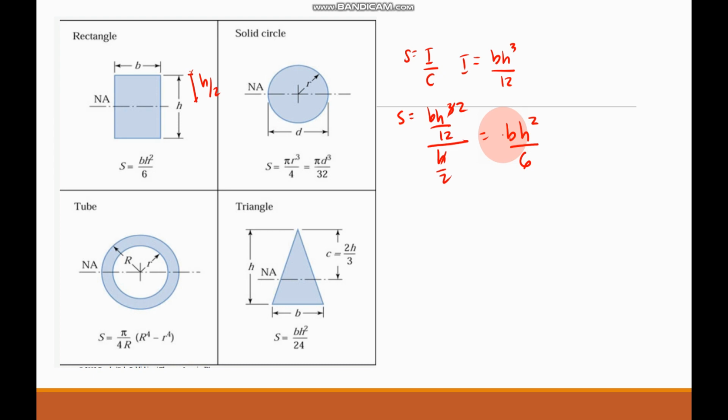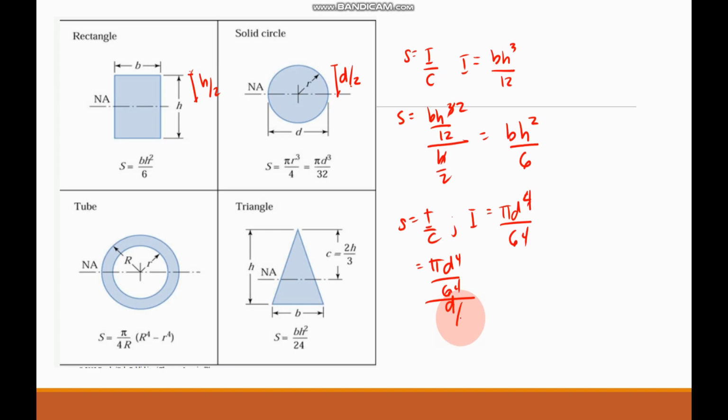So let's try for the solid circle also. So S is equal to I all over C, on which yung I nya is equal to pi d raised to 4 all over 64. So we have pi d raised to 4 all over 64, and then yung C nya, distance from the outermost fiber to the neutral axis, is equal to d all over 2, or the radius.